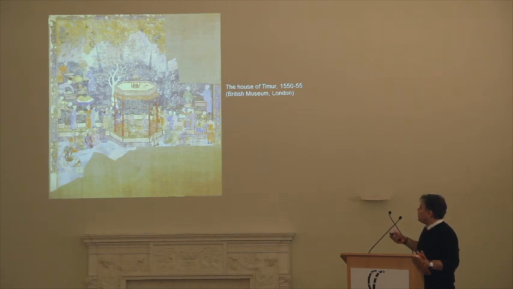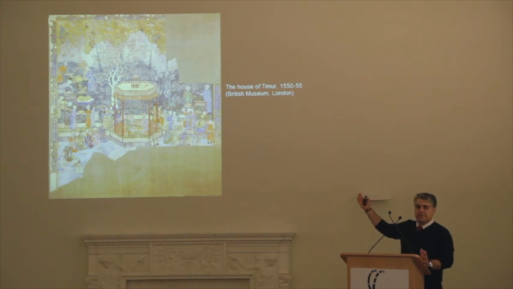And this is the house of Timur. As you can see here, Timur is sitting in this kiosk in the middle of the garden. I don't want to go into the details of that, but I think this image is very unique, mainly because it shows us how Chinese gardens are starting to influence Persian garden design.